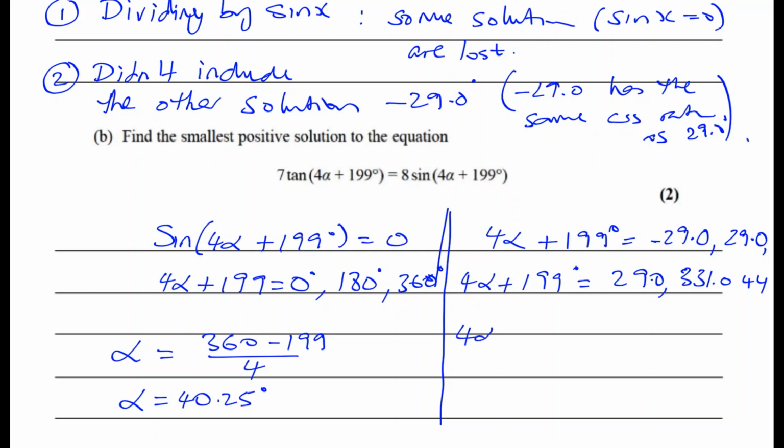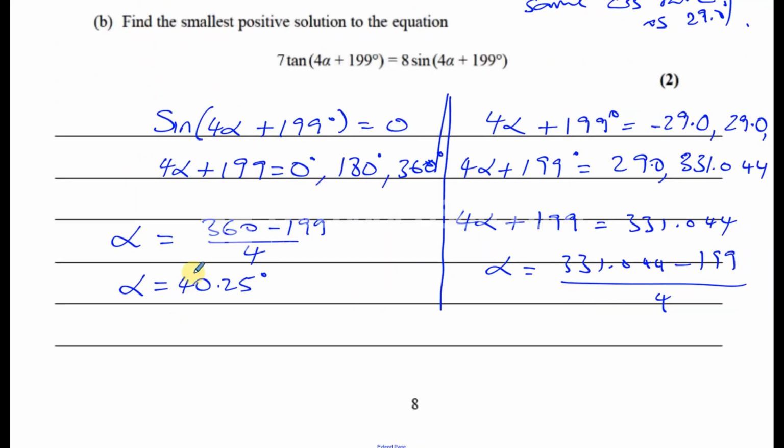So 4 alpha plus 199 is equal to 331.044. That means alpha is equal to 331.044 minus 199, divided by 4. It looks like this will be smaller than that. Definitely.